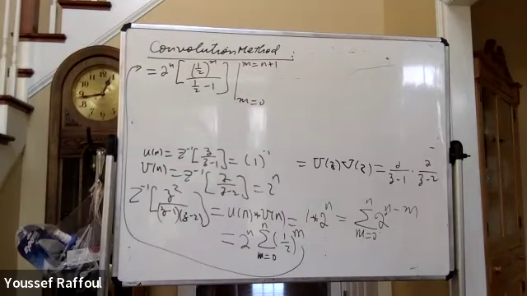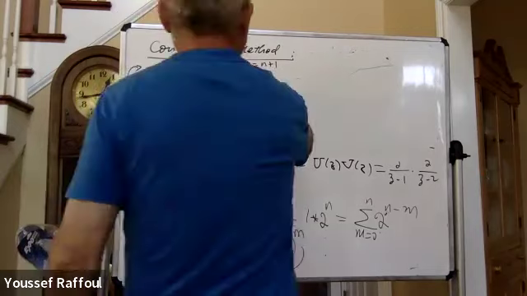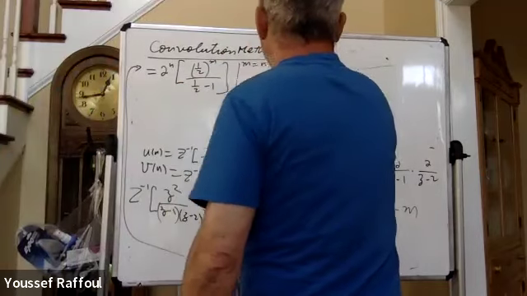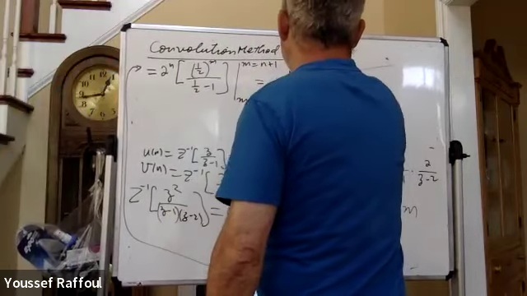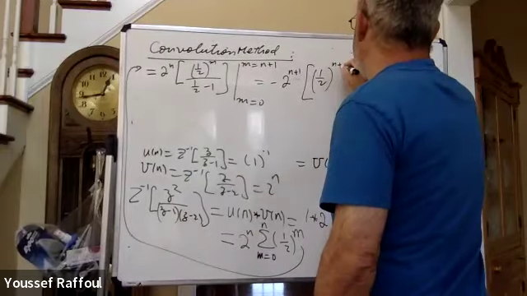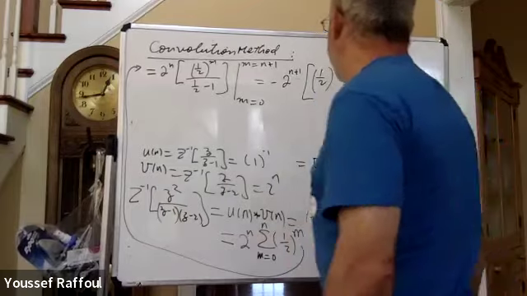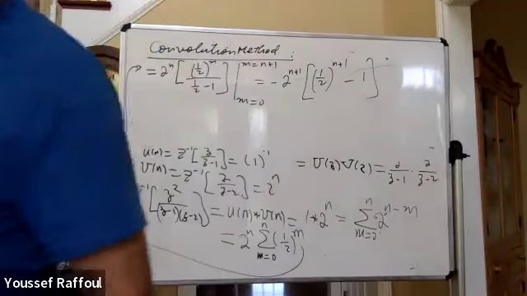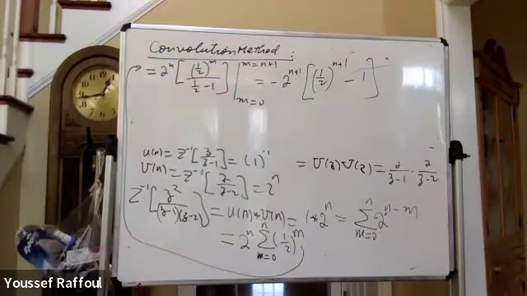And 1/2 minus 1 is minus 1/2, so it will be minus 2, times (1/2) to the n plus 1 minus 1.